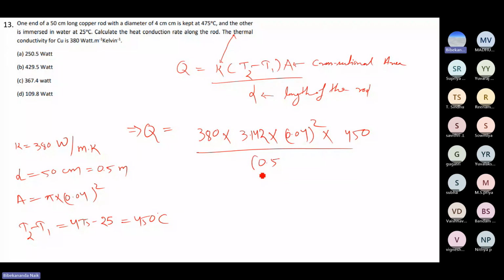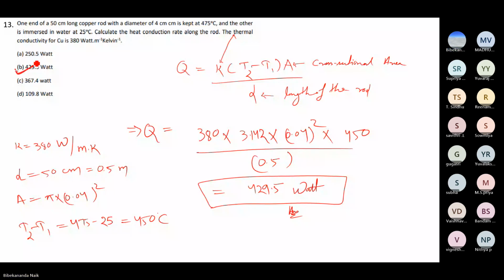If you calculate it, it will come to 429.5 watt. So this is the answer, and the correct option is 429.5 watt.